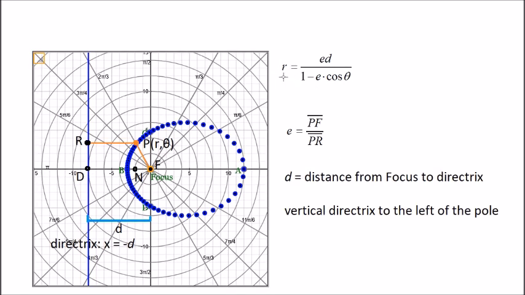Once again, the polar equation for this ellipse is R equal to ED divided by 1 minus E cosine of theta. In this case, we have a vertical directrix that is to the left of the pole. And we get this polar equation.